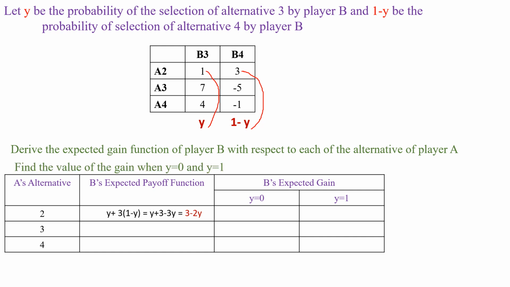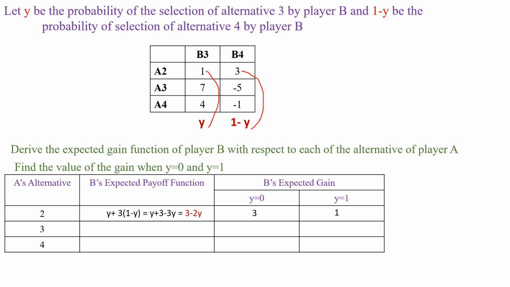So next we have to find the gain values, considering y equal to 0 and y equal to 1. So substitute y equal to 0 in the expected payoff function, that is 3 minus 2 into 0, that is 3. Similarly, substitute y equal to 1 in the 3 minus 2y equation, and we will get the gain value 1.